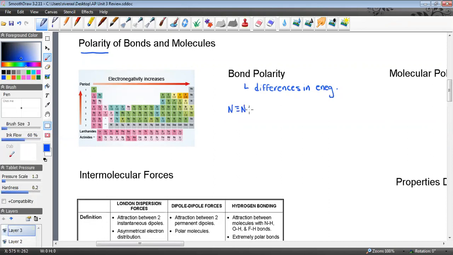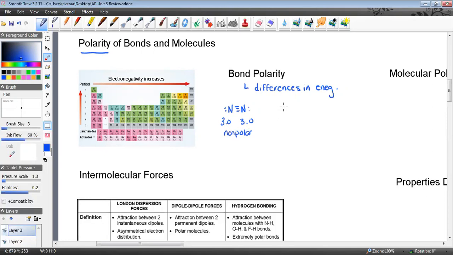And you guys all correctly answered that that was a nonpolar bond because nitrogen has an electronegativity value of around 3.0. And so that's a measure of love for the electrons in that bond. So if they both love and pull on those electrons the same amount, that bond is nonpolar. The electrons are going to be equally distributed throughout that bond. No one's going to end up partially positive or partially negative.